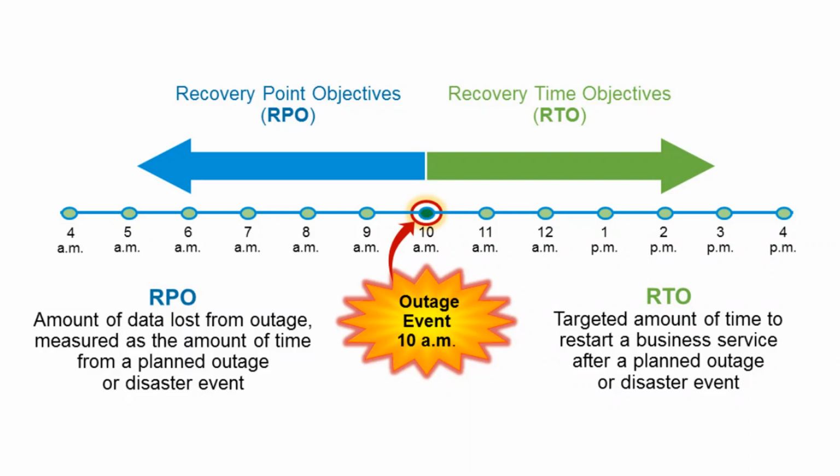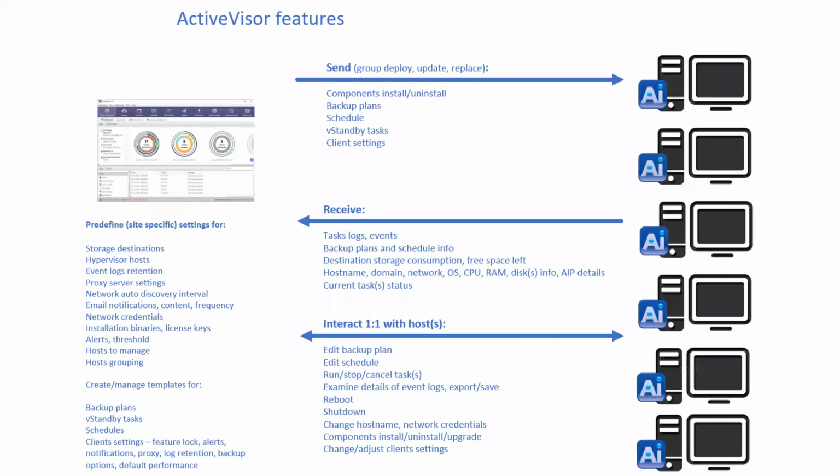So how old our data might be, or how fresh our data should be, I should say, and how much time we spend on providing this machine, which might be compromised, in a good working state. So this is just the scope of things we can do with the ActiveVisor site management layer.